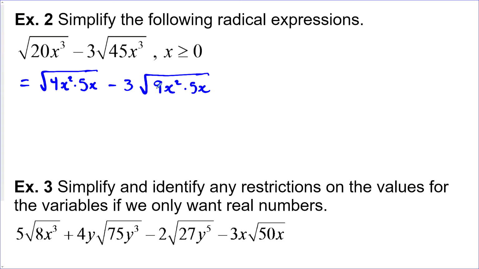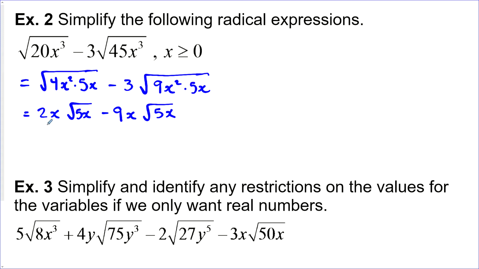Now we want to take the square root of this, take the square root of that. So the square root of 4x squared is just 2x. The square root of 9x squared is 3x. Now 3 is already out there, so 3 times 3 is 9. Okay, so that's not the 9 that's coming out. 3 came out times 3.